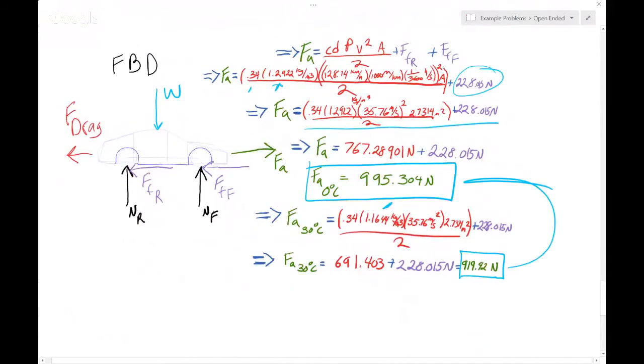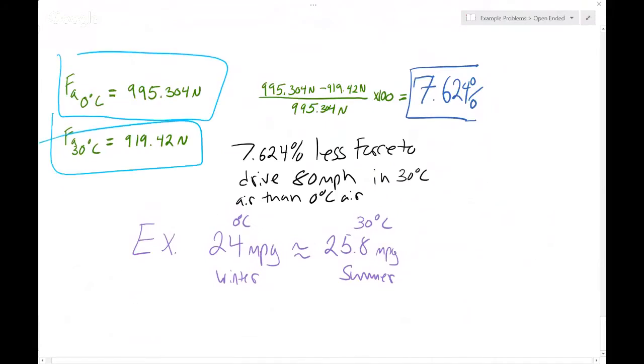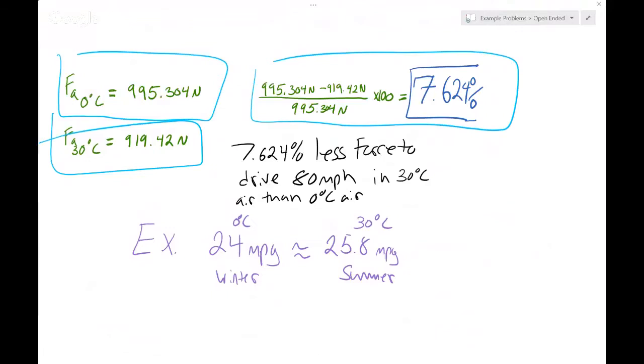But taking that information, we can use our force at 0 degrees Celsius and our force at 30 degrees Celsius and determine the percentage difference, which comes out to be 7.624%. That's 7.624% less force to drive at 80 miles per hour in 30 degrees Celsius air than at 0 degrees Celsius air.